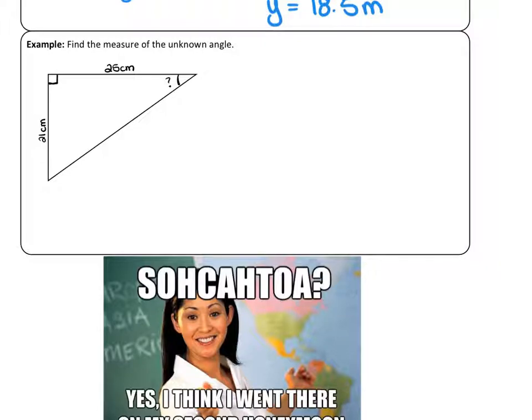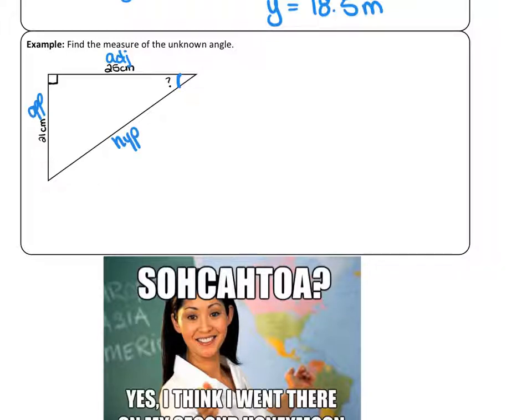The last example I'm going to show you is how to find an unknown measure of an angle. So again, we're going to do the same thing. Our unknown is right here, so we're going to label our sides according to this angle. So here is our adjacent. Our opposite is here, and our hypotenuse is here.